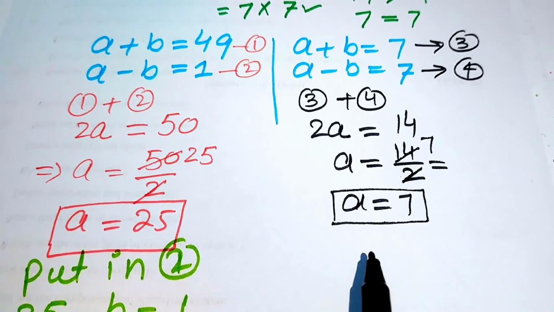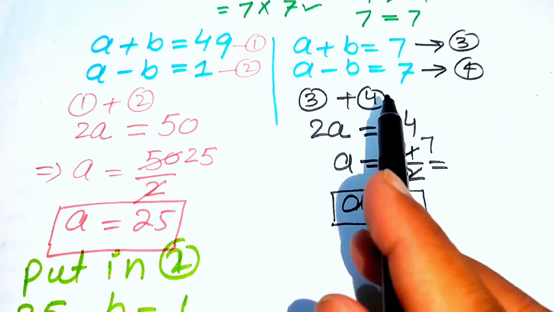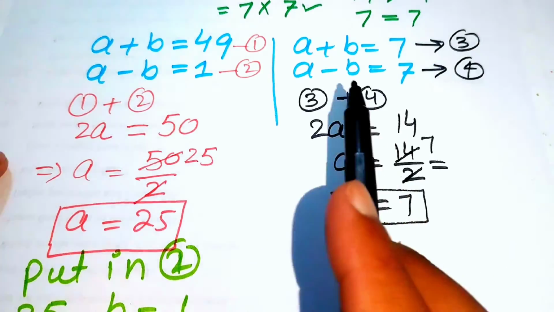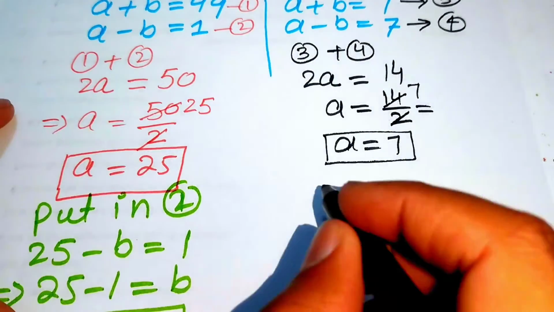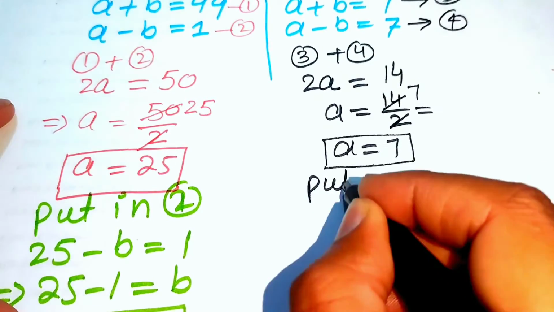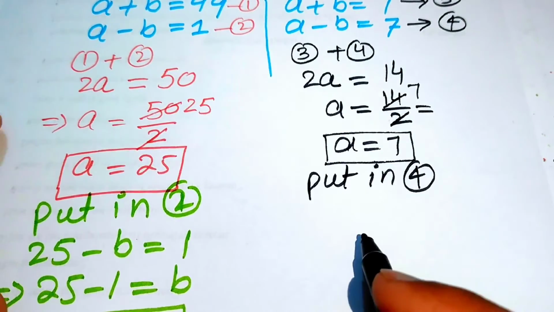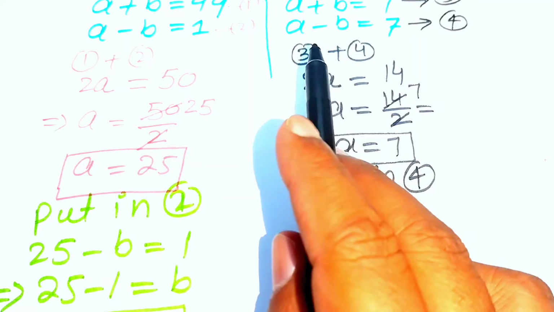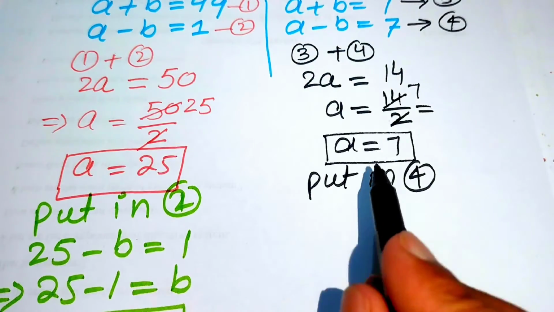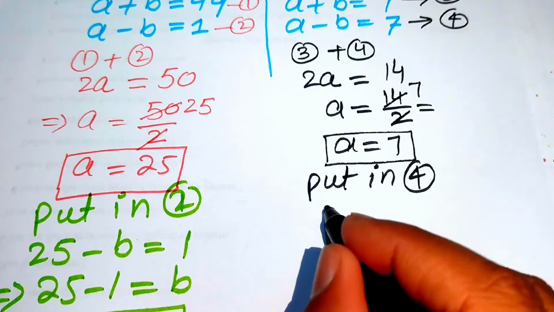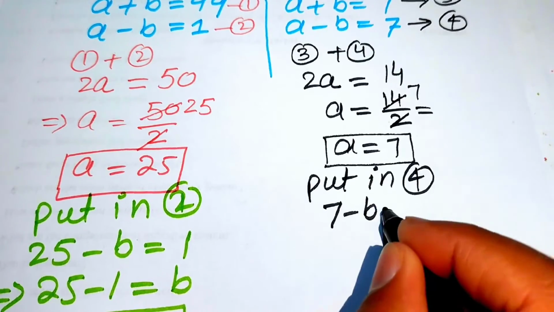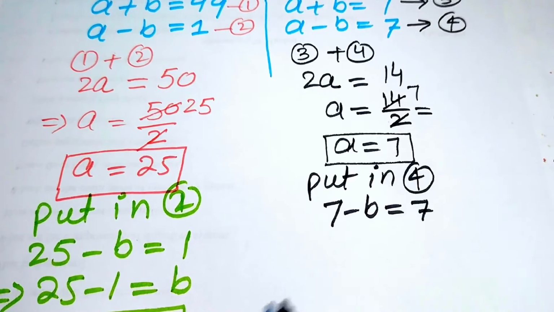So now we substitute the value of a equals 7 in equation number 4, and we easily get the value of b. So here we put this value in equation number 4. So this is our equation number 4, a minus b equals 7, and we put a equals 7 here, and we get 7 minus b equals 7.